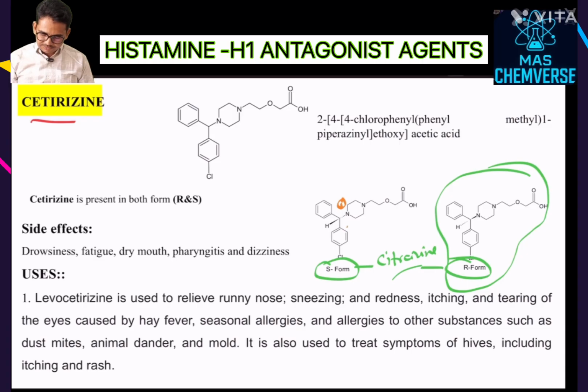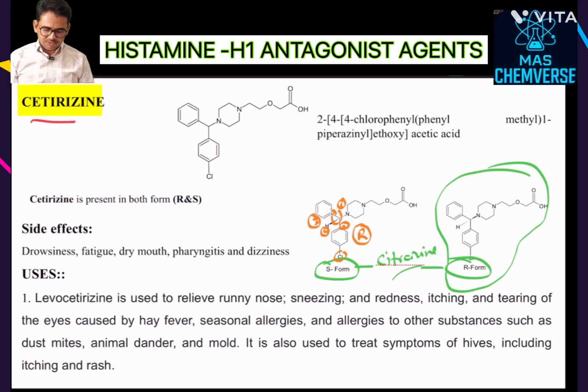This is the second, because here it has the chlorine, that's why second. This is the third priority group. This is the fourth. Then draw the arrow mark 1, 2, 3 like this, clockwise. Clockwise means R form.